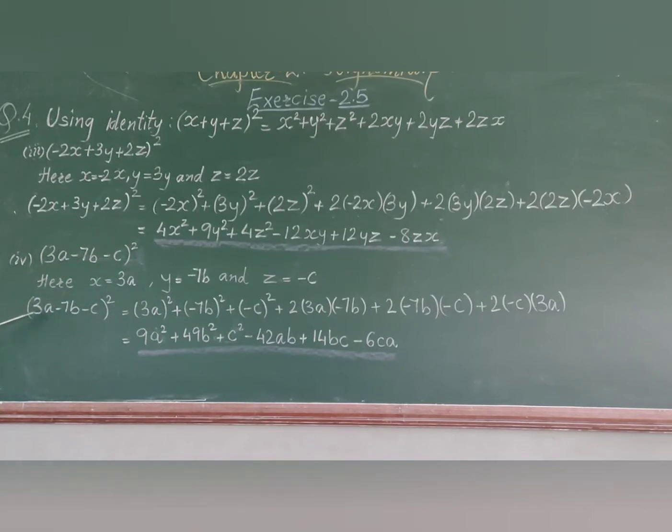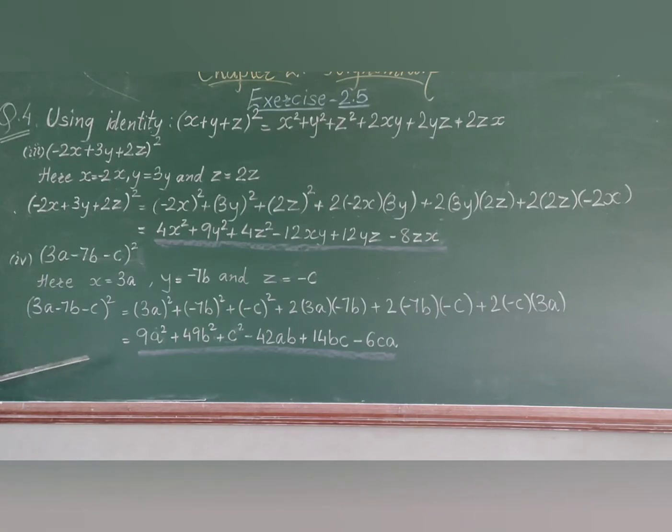Now, therefore expansion of 3a minus 7b minus c whole square equal to 3a whole square plus minus 7b whole square plus minus c whole square plus 2 into 3a into minus 7b plus 2 into minus 7b into minus c plus 2 into minus c into 3a.